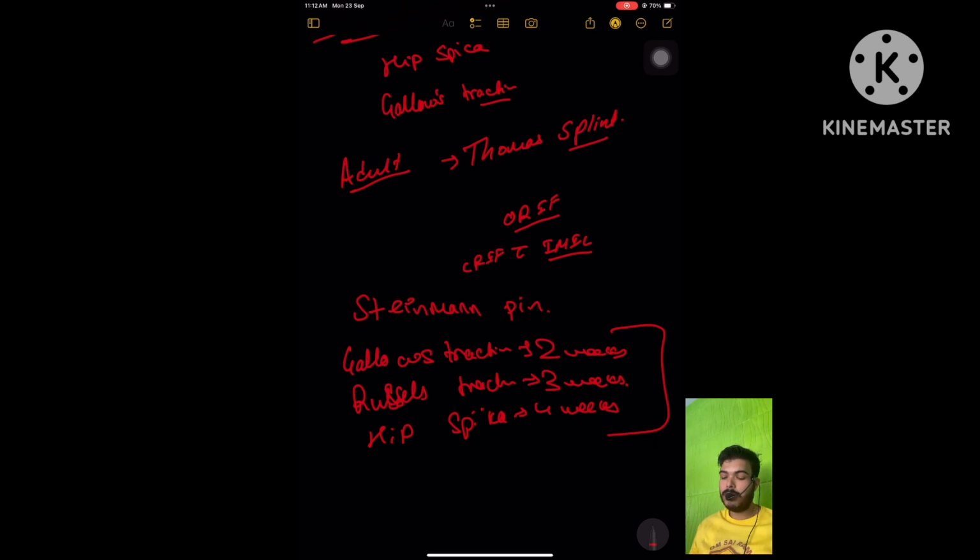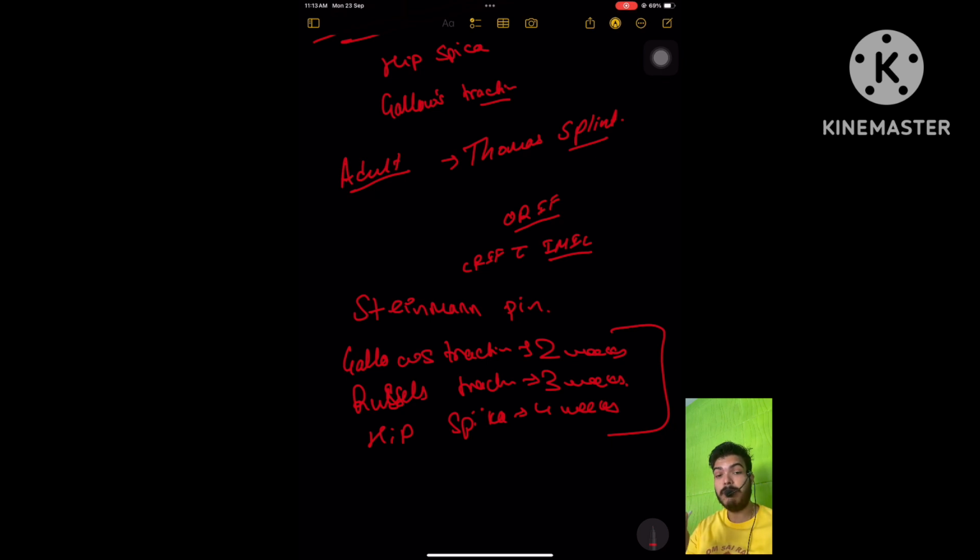Hip spica, you can use it in small children who are not able to walk, because in them the osteoplastic activity is so high that healing is very rapid, and those children can't actually walk. But in the case of adults, to put in a hip spica, you need to put a hole in the area of the perineum so that you can go for toilet.